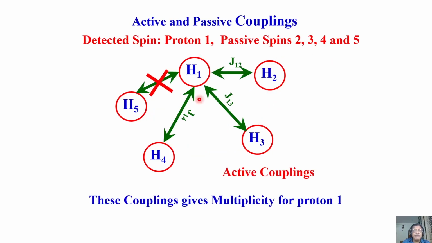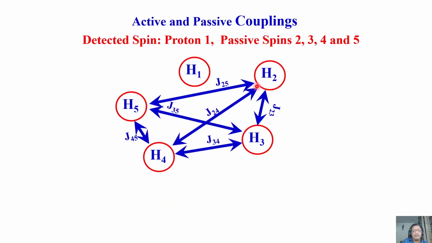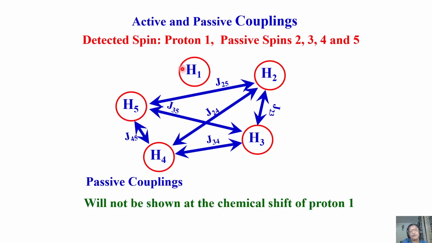This is an active spin. These are active couplings which are seen at the chemical shift of proton 1. And these are all passive couplings which are not seen at the chemical shift of proton 1. You understand the logic? What is an active spin and what is a passive spin? This is an active spin, and when I am observing this, all the couplings to other protons are active couplings.